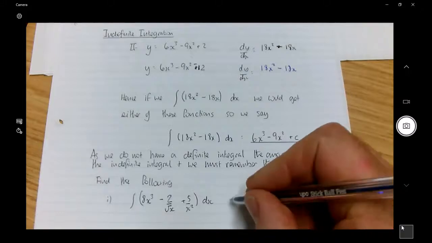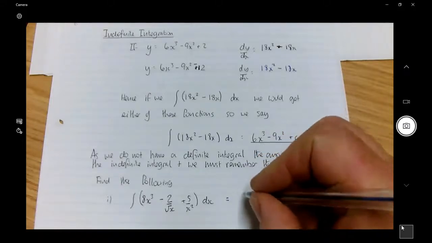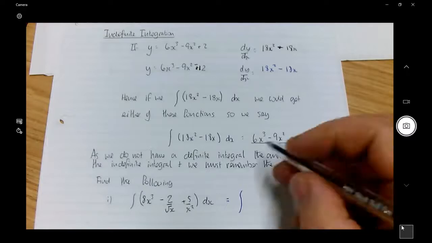Okay? So, first job is to write the function with indices rather than square roots and fractional powers. So I've now got the integral, because I've not integrated yet, so I'm going to integrate.